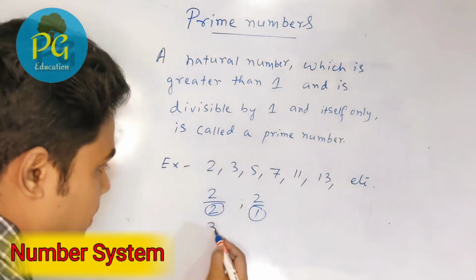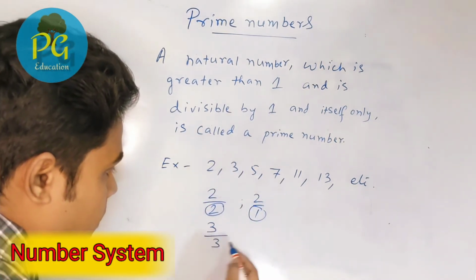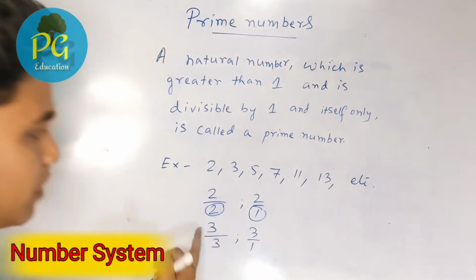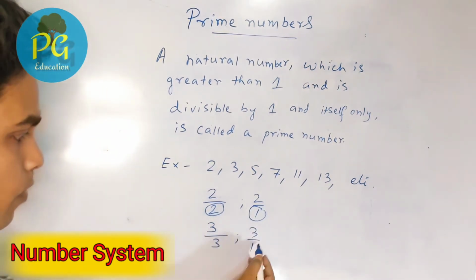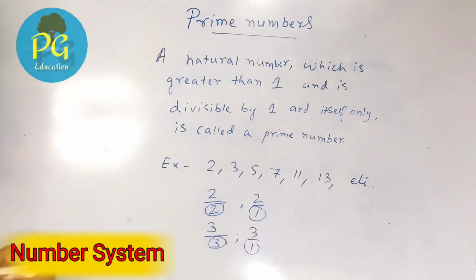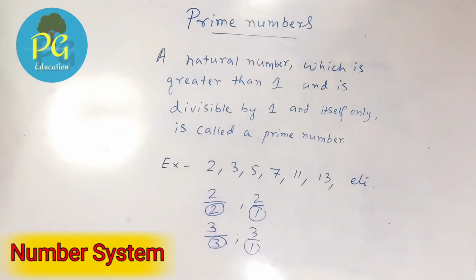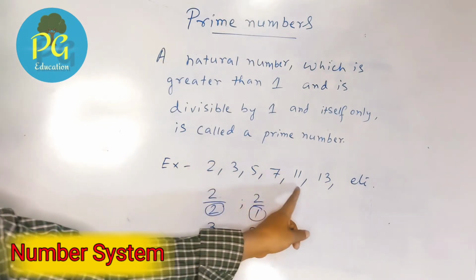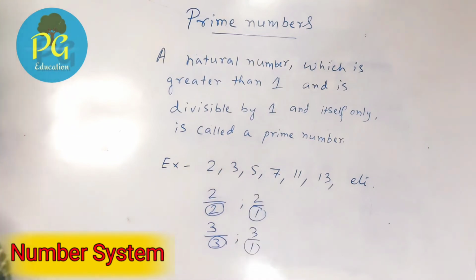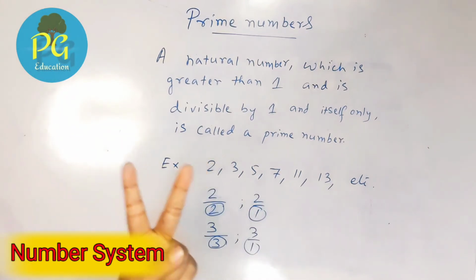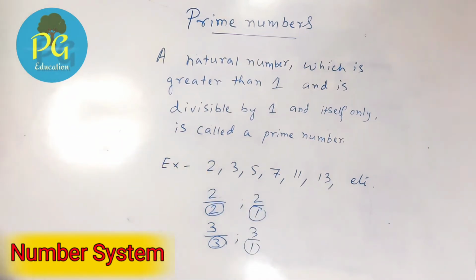Similarly 3 also has 2 divisors, 1 and 3. Okay, so there are no other numbers which can divide 2 and 3, isn't it? Similarly 5, 7, 11, 13, these numbers also have only 2 divisors, 1 and itself.